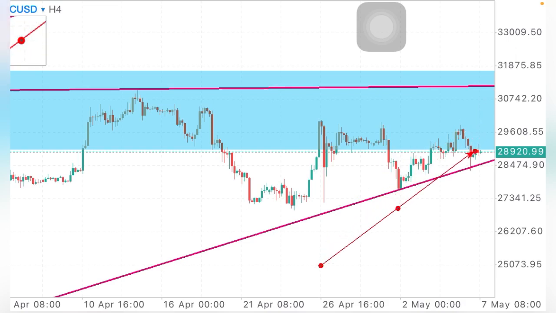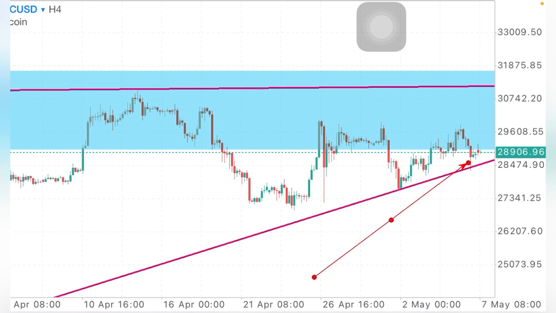But from here, since I have a little bias that the market is going up because of this rejection from this trend line, I will buy BTC. I hope you understand this analysis. I would have waited for this chart pattern and trend line to be broken, everything to form. That is patience in trading before I enter. But because of this training, I'm going to enter the trade based on this bias I've given you, hoping the market will go up.